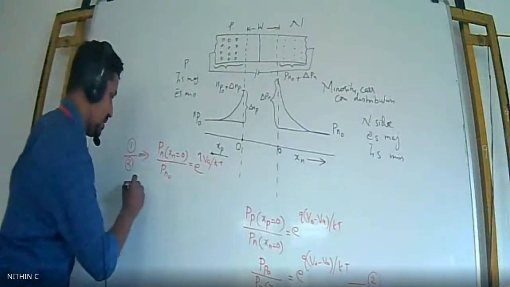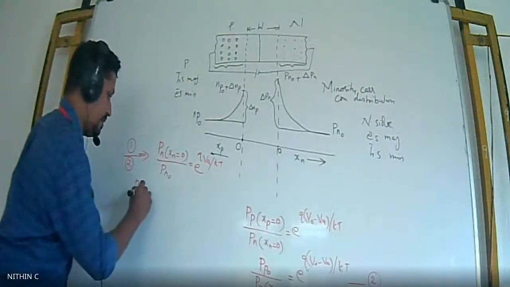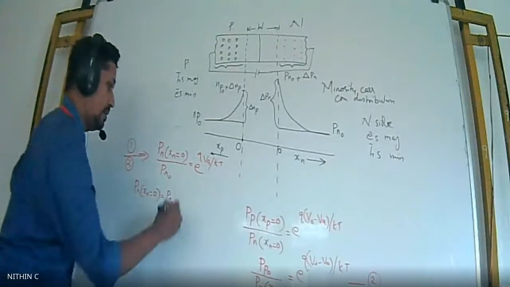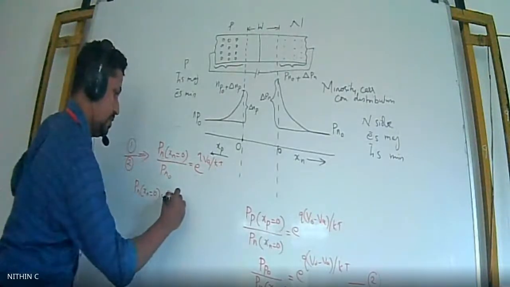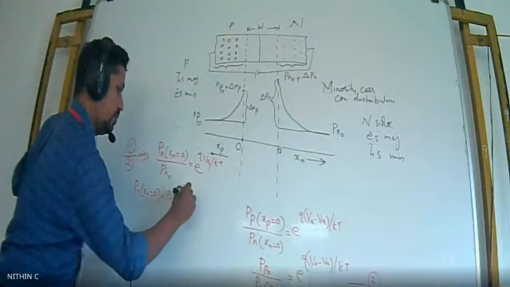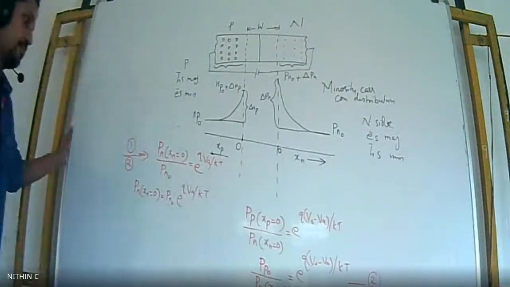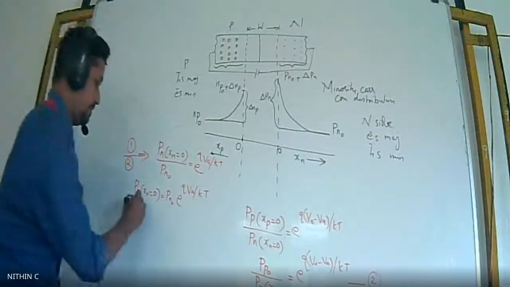Okay, so this can again be written as Pn(xn=0) is equal to Pn0 into e raised to qVa by kT.